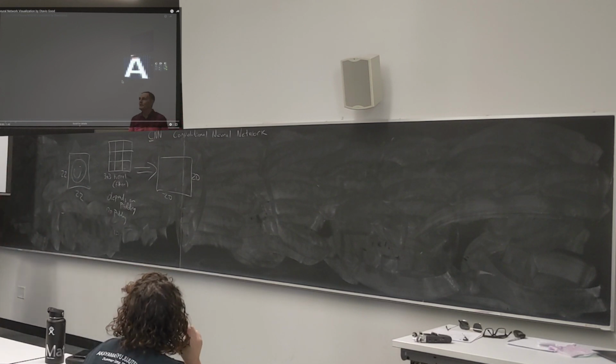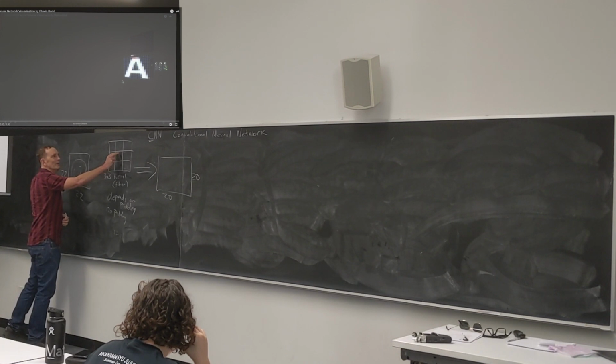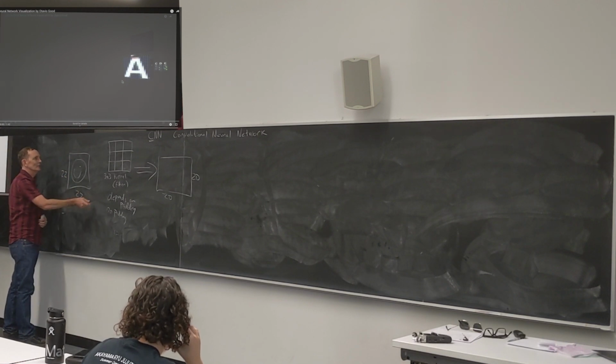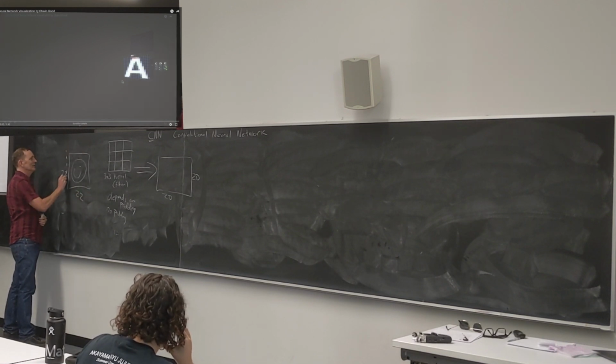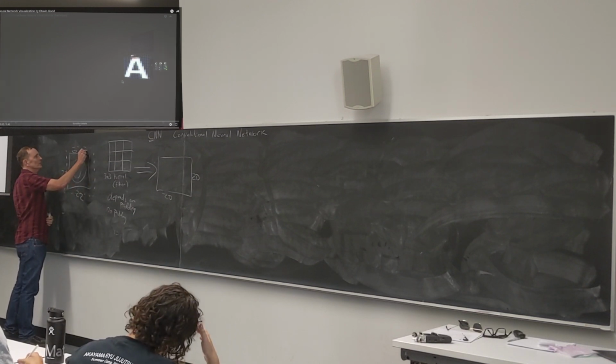If we want to avoid that shrinkage, then we set the first pixel that we center the kernel at as 1, 1, which means we're going to be looking at pixels outside the edge. So we pad it with zeros.